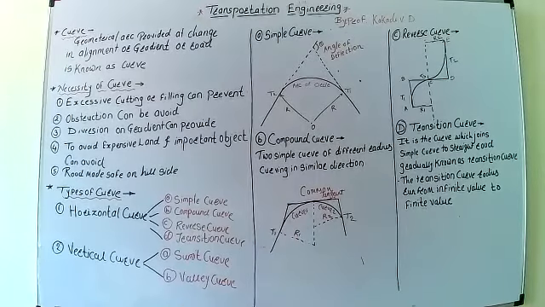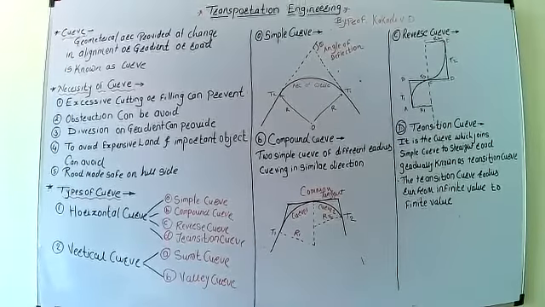Horizontal curves are provided for the railway track. The minimum radius of a horizontal curve for the railway track is 175 meters on broad gauge. So horizontal curves are what we provide for railways, roads, etc.